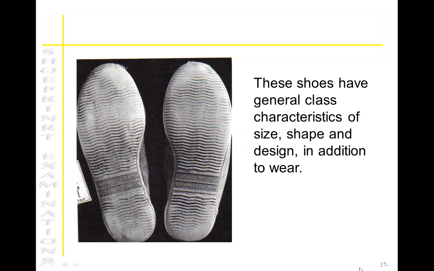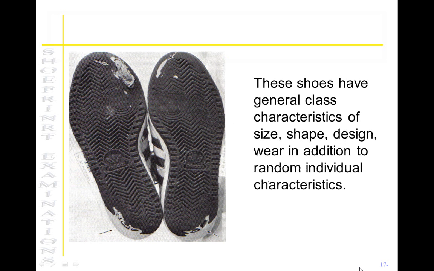So these shoes have very good general class characteristics, the size, the shape, and the design, in addition to some general wear. But shoes like this also have the class characteristics of size, shape, and design, but then there are also a lot of random individual characteristics to the soles of these shoes.